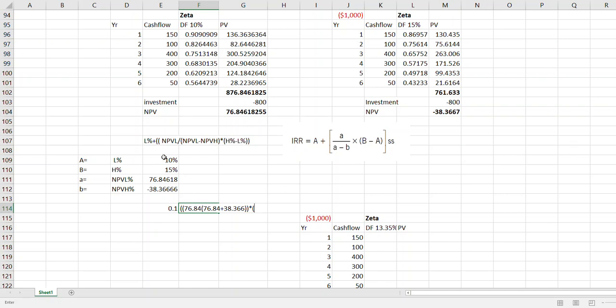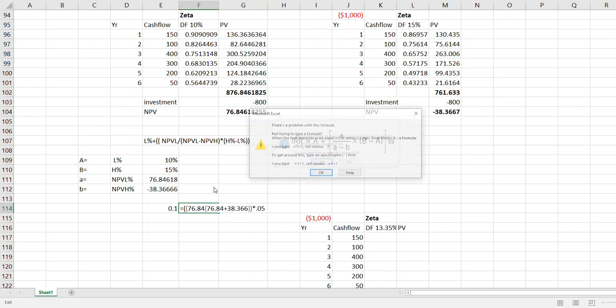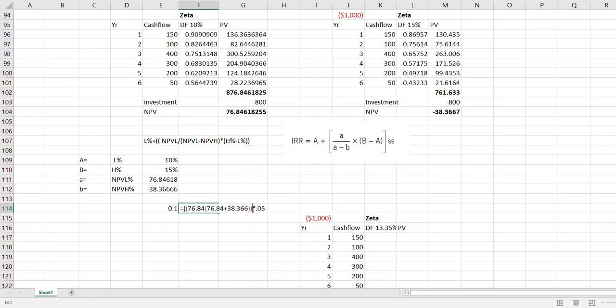If you can see 10%, 15% minus 10% will give you 5%. So directly multiply by 5%. So do this part first and then add it with that one.